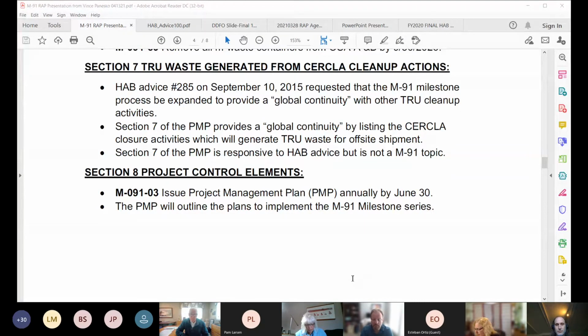I'm wondering about the idea of analogous waste sites and the need to actually expand using analogous waste sites and cleanup so that there is continuity to it as you move across the site.